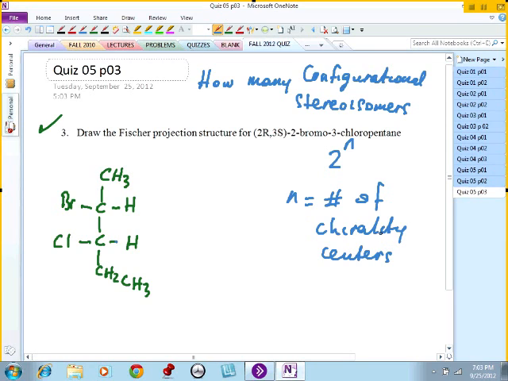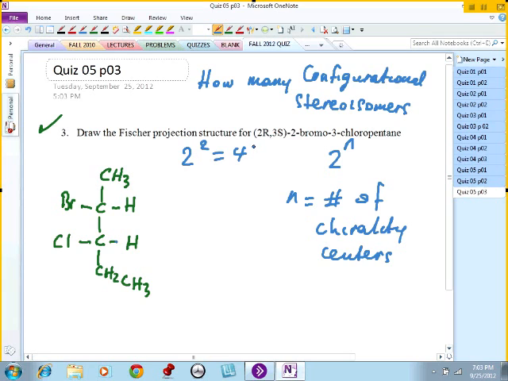Okay. So in this particular instance, how many stereoisomers do you expect from this molecule? 4, because n equals 2, so we expect 4.